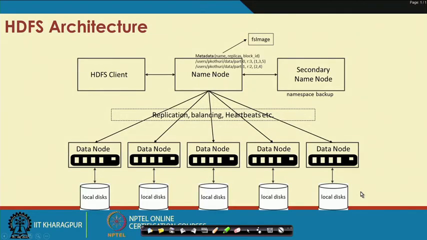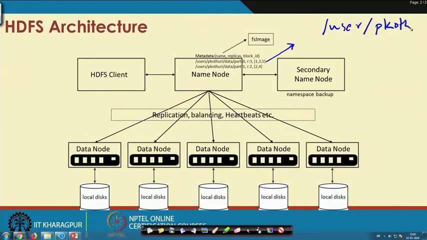This is an example of the HDFS architecture. As you can see, this is an example of an HDFS URL: /user/p-co-thuri/data is the location, and then under this location there are these part files which are stored.